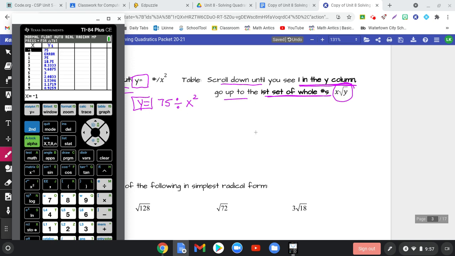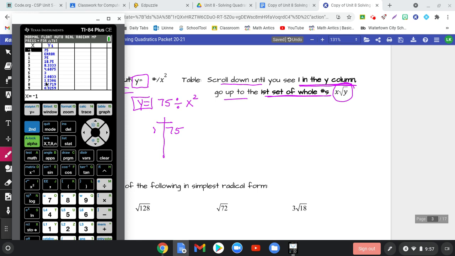So for 75, if we take a look in our table, you see right here, 75, which is what you're looking at when you're looking at the square root of 75. But you want to go down until you see a 1. See there's 1, 7, 1 point something. Go back up until you see the first set of whole numbers, 5 radical 3.